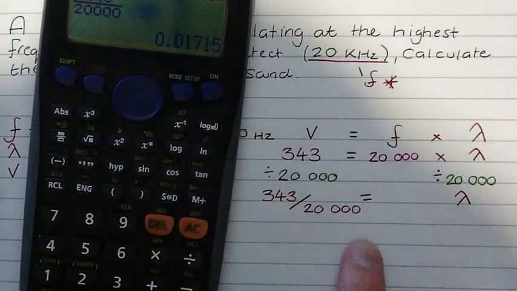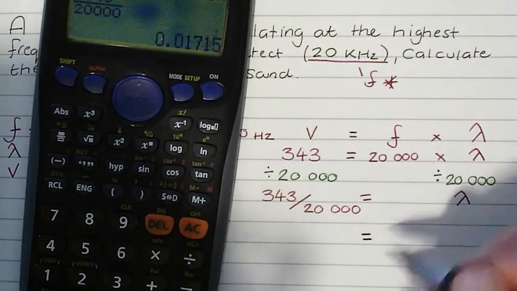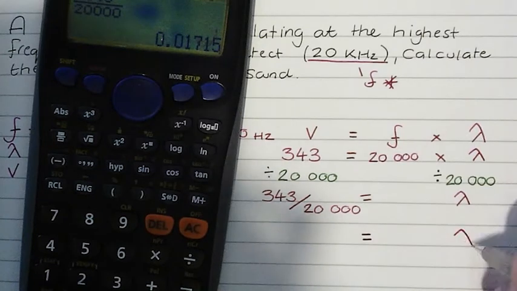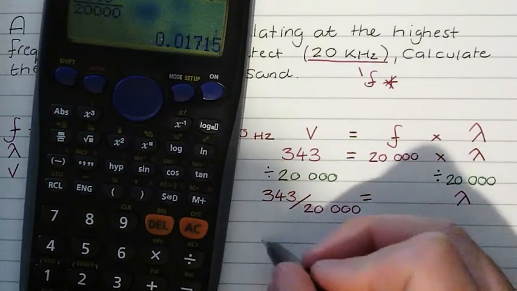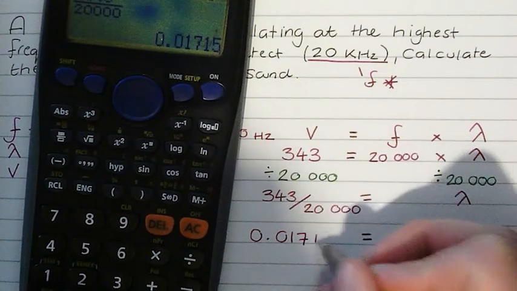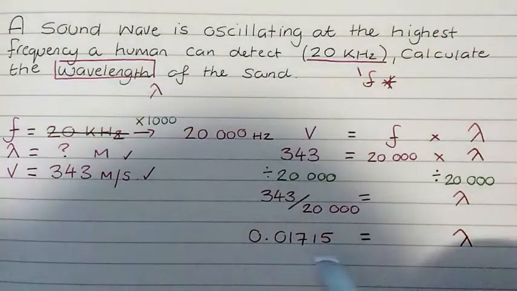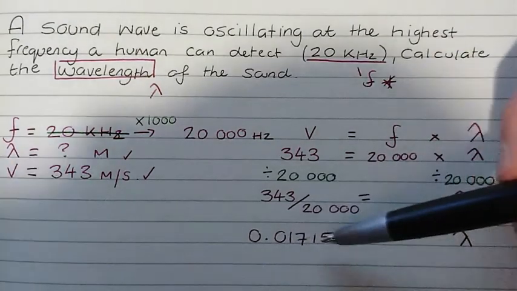So we're going to write that in. We can write it in here. Equals, sorry, that would equal that. So it's this side, 0.01715.